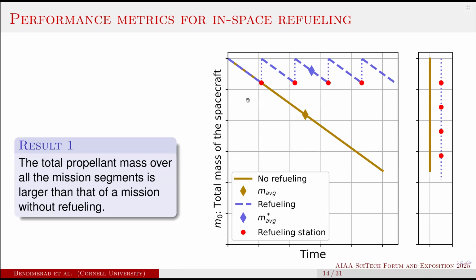However, for the case of refueling, at each refueling station, we have some additional mass of propellant, and therefore the average mass that is transported over the mission when we have refueling is higher than the average mass when we don't have refueling, and therefore we need more energy, and therefore the mass of the propellant is higher overall. So this is the first result from these equations, which is that the total propellant mass over all the mission segments is larger than that of a mission without refueling.